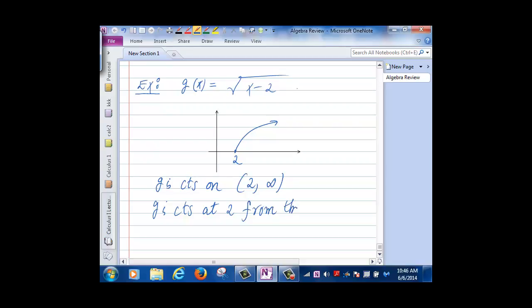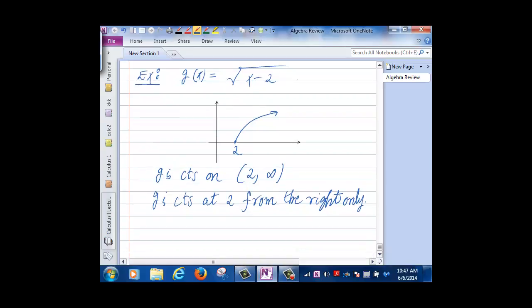From the right only. Everybody's okay? Is that making sense? Because at 2, the left-hand limit does not exist, right? Okay.